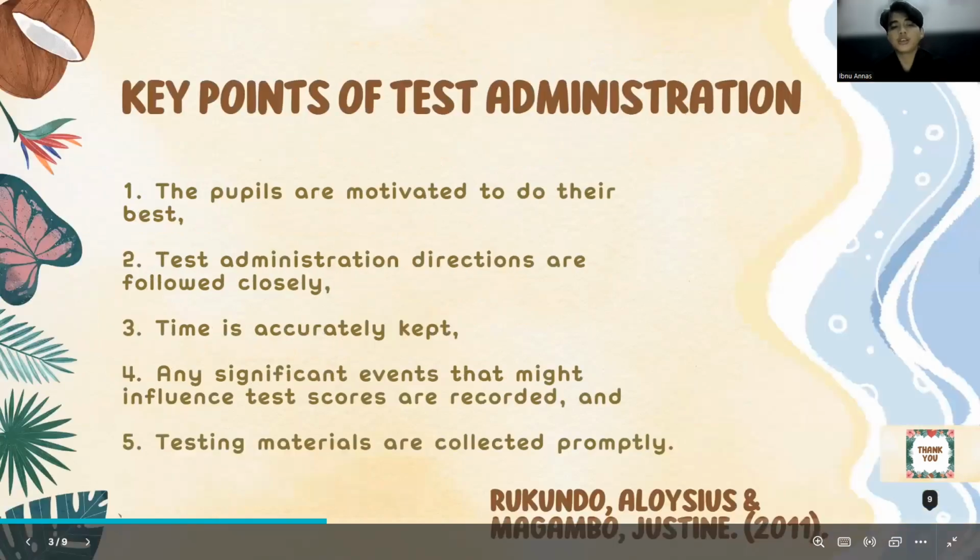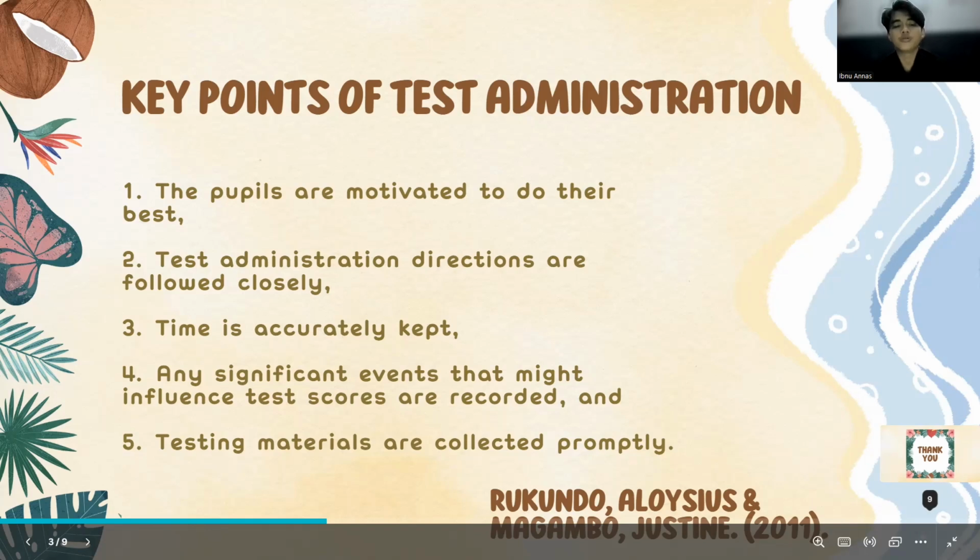The next one is the key points of test administration. First, pupils are motivated to do their best, which means every student shares the same equality and justice for themselves.